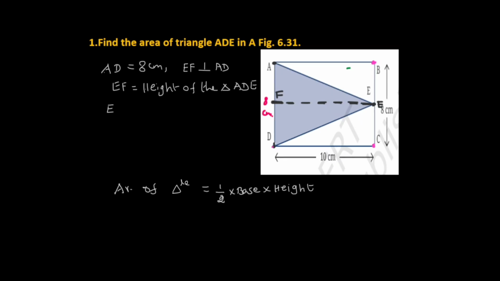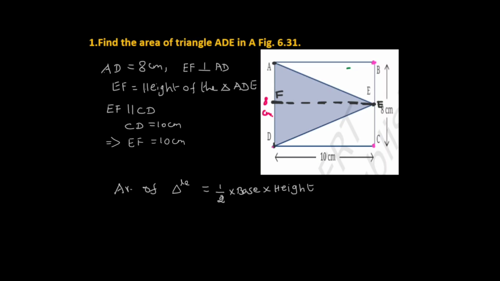Now EF is parallel to CD and AB, and CD length here is given 10 centimeter, so EF is also 10 centimeter, because they are in between another two parallels AD and BC.